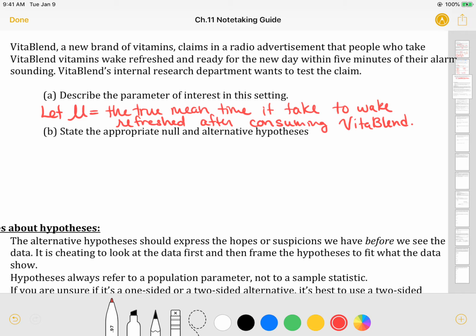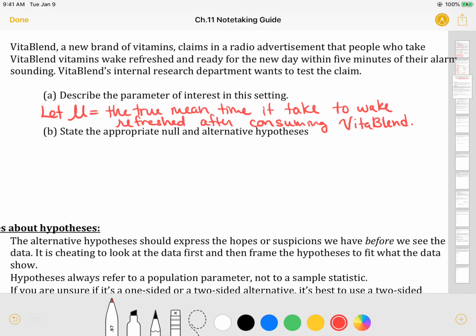So what we're going to do is we want to test this claim, right? That they wake within 5 minutes of consuming the VitaBlend vitamins. Okay, so if that claim is false, let's assume the complement.